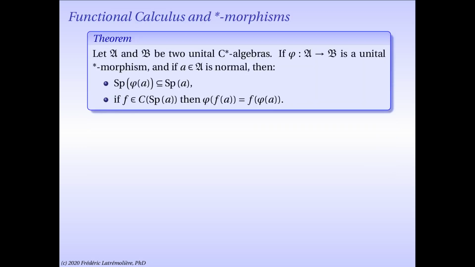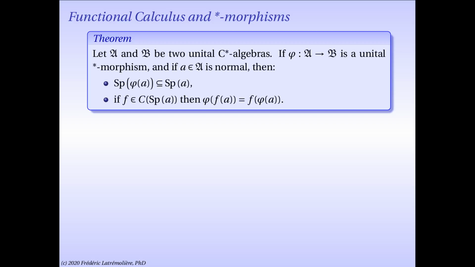Another series of important consequences follow from the interrelation between the functional calculus that we just defined, the continuous functional calculus, and star morphisms, in particular unital star morphisms. So my first observation is that in some sense there is a commutation relation between the continuous functional calculus and star morphisms.